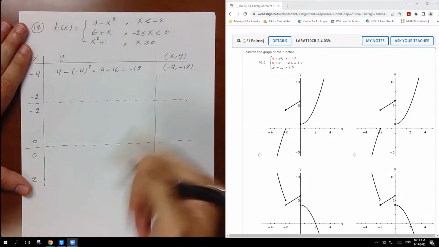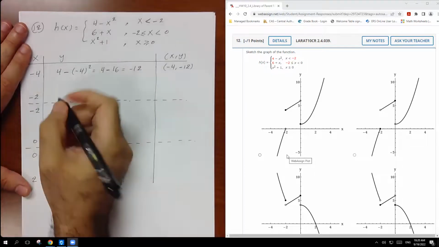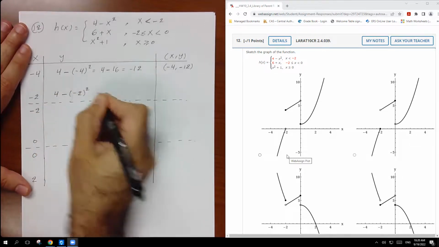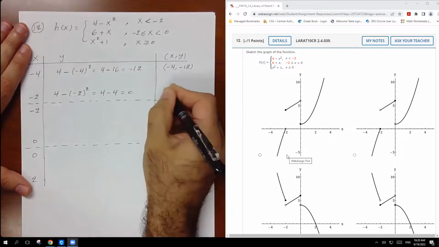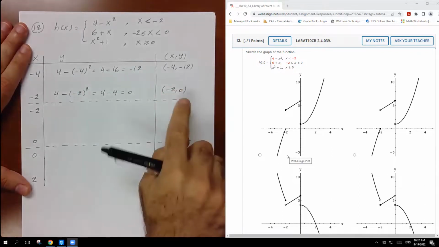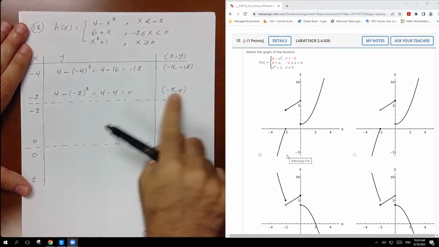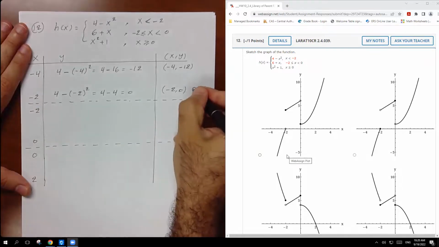That means it's going to be down, like here on this side. The second one, plug in -2 here. So it's going to be 4 minus -2 squared. So it's going to be 4 minus 4, and it's going to be 0. So it's going to be -2 and 0. Check now. I have 2 points for the first part. There's no equal sign. This is the start point because it's near the dash line. So it's open circle.